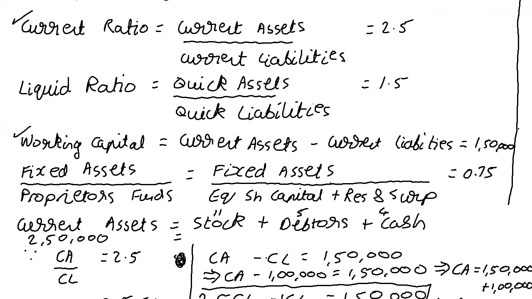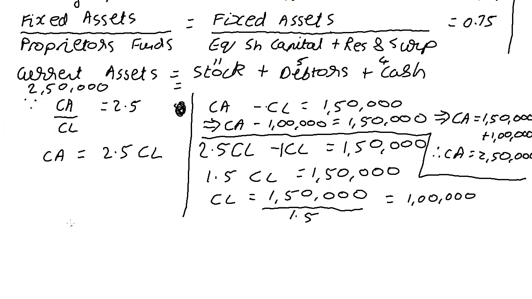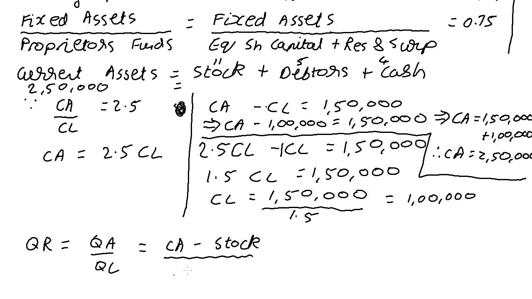As far as a formula for quick assets and quick liabilities are concerned, keep in mind that the quick ratio is equal to quick assets upon quick liabilities, and quick assets is equal to current assets minus stock. It's also minus prepaid expenses, but we do not have prepaid expenses in this question, so I'm just sticking to stock. Similarly, quick liabilities is current liabilities minus bank overdraft.